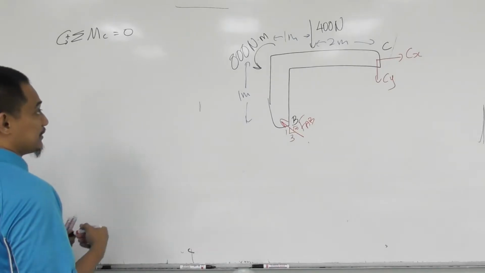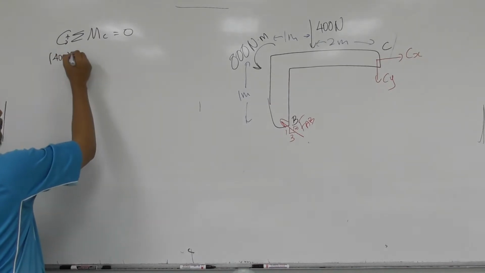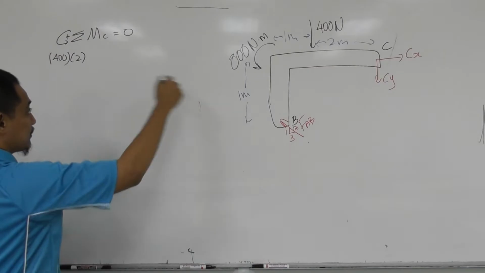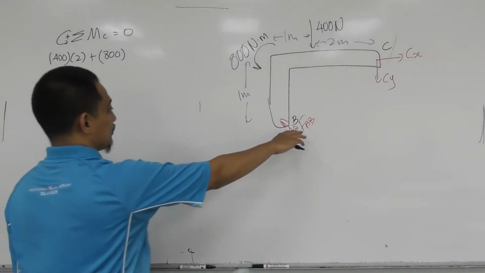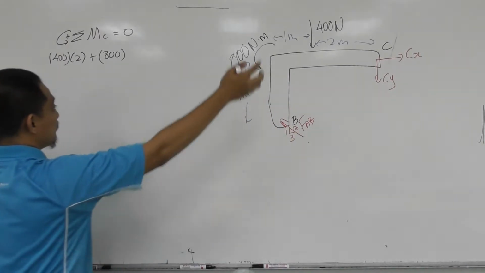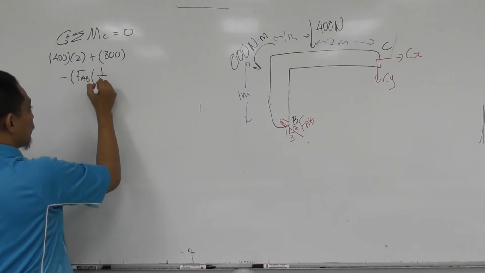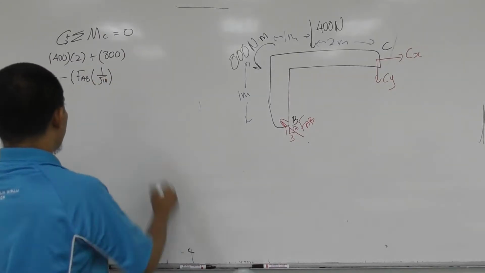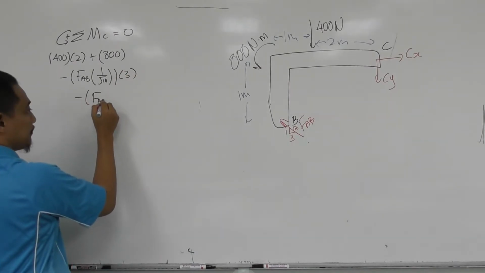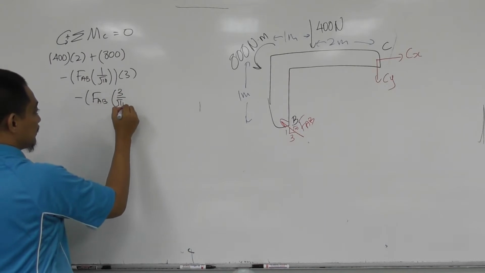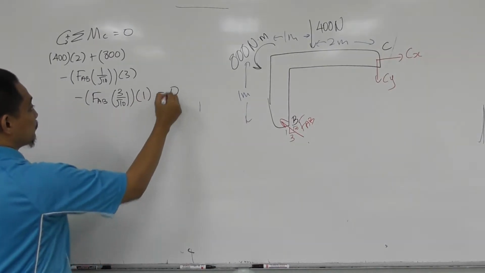So from that, 400 Newton times the distance of 2, that will be positive because counterclockwise, then plus 800 Newton meter there, and then let's take the vertical one, so it will be minus FAB times 1 over square root of 10, then the distance of 3, and then minus FAB times 3 over square root of 10, that's the horizontal, with a distance of 1, equal to 0, right?